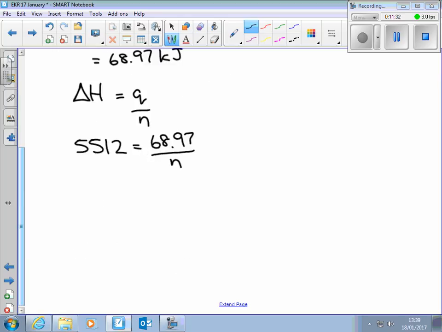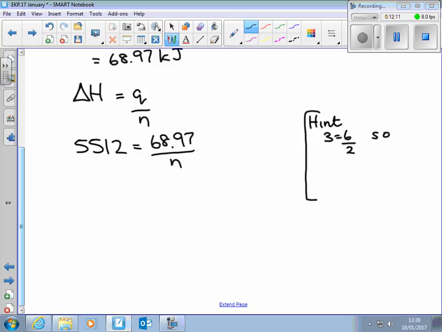Now, to rearrange that, it's interesting, isn't it? That's a real simple rearrangement. If you're going to look at it algebraically, you multiply both sides by n, then you divide both sides by 5512. But it's interesting how people just look at that and go completely blank. If you get that blank feeling when you're rearranging something like that, just put some simple numbers in. My maths hint would be that we know, for example, that 3 equals 6 over 2, and you can rearrange that perfectly well.